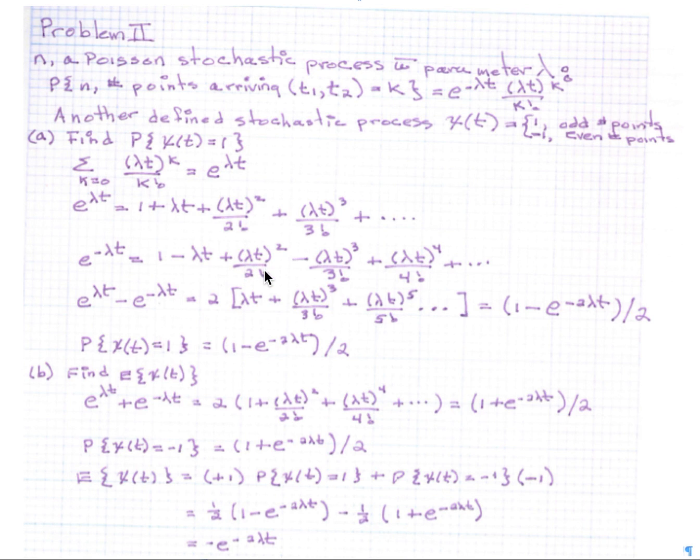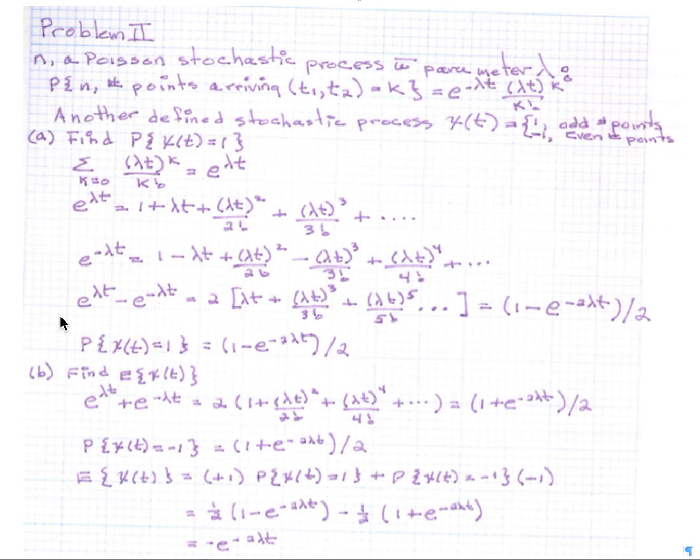But in this expansion, we're going to negate the odd items. So it will be minus the quantity lambda t cubed over 3 factorial, but then plus lambda t to the fourth power over 4 factorial, and so forth.